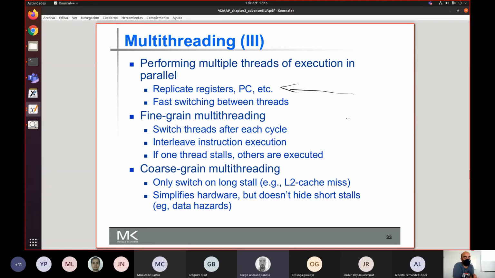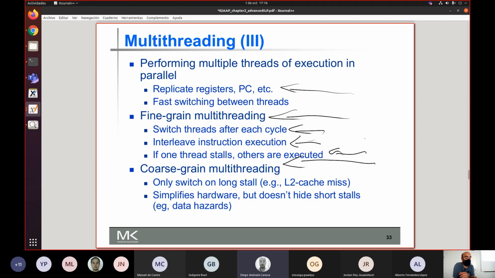Then, the difference between fine-grained and coarse-grained multithreading. In fine-grained, you switch every cycle. So basically, what you achieve is that you interleave the execution of instructions from different threads. And if one of the threads stalls, you are not going to be switching to a stalled thread. You are going to be smart and use that time to progress in the other thread.